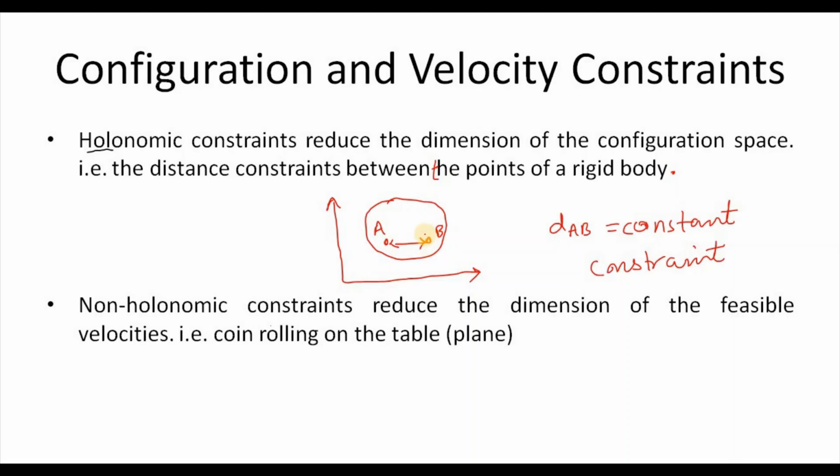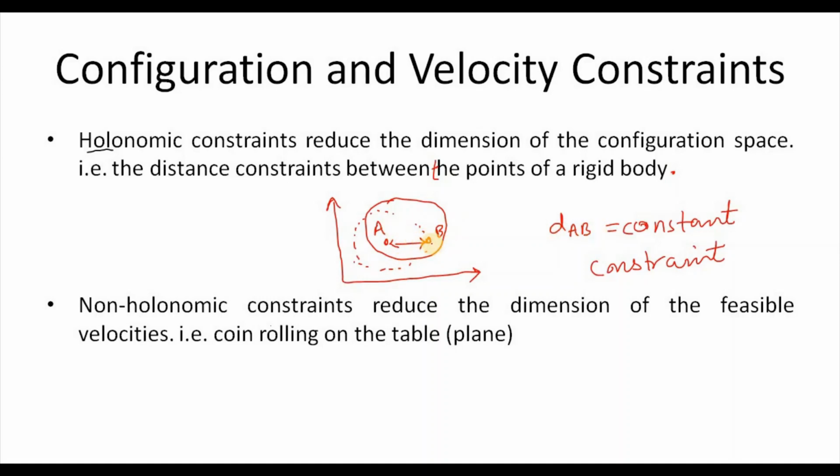So you're not able to select this point outside the radius of this circle, or even inside. You have to select this point on the radius of this dotted circle, because of this distance constraint.